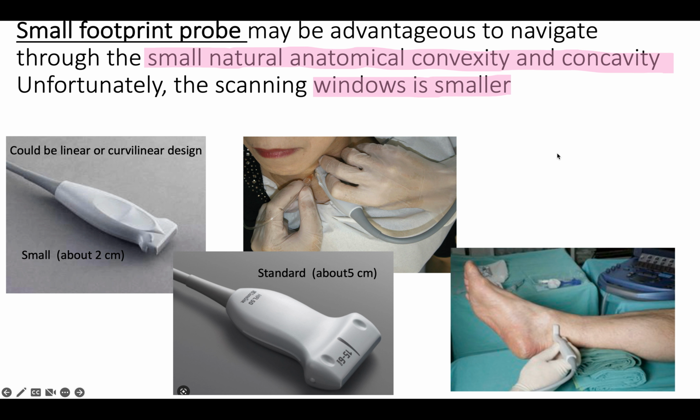The small footprint transducer is very handy when we need to negotiate small natural anatomical convexities and concavities. The problem is that your scanning window will be narrow. So instead of this panoramic view, you have to make up for it by moving your transducer a lot.